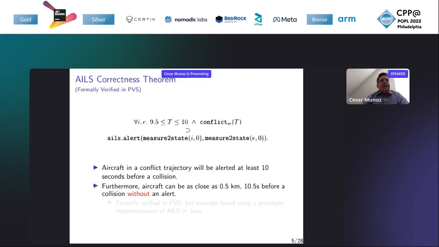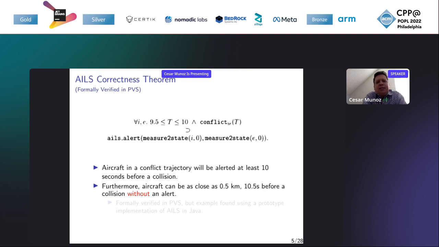And this is the verification that we did, formally verified in PVS. What we found is that the aircraft can be as close as 10 seconds before an alert is issued.